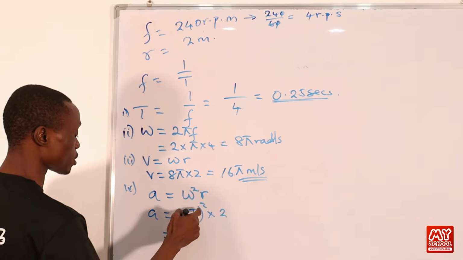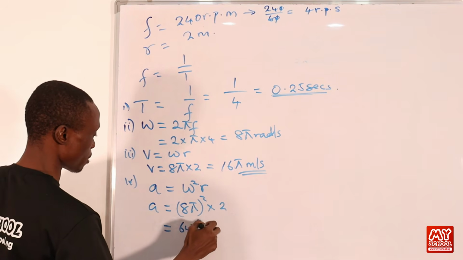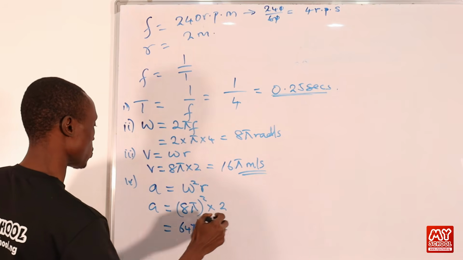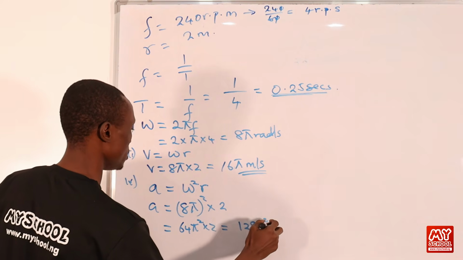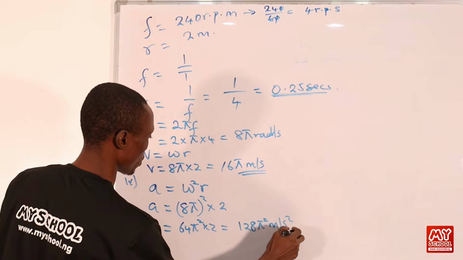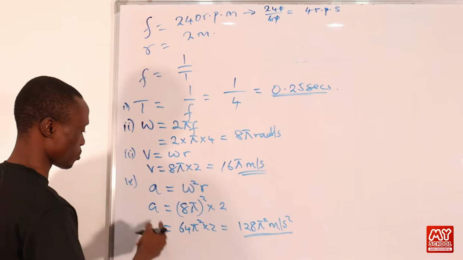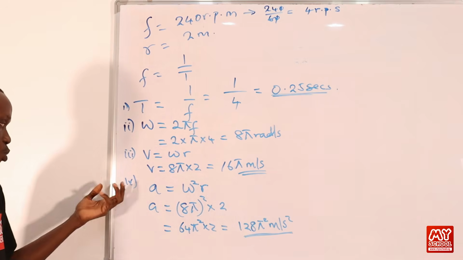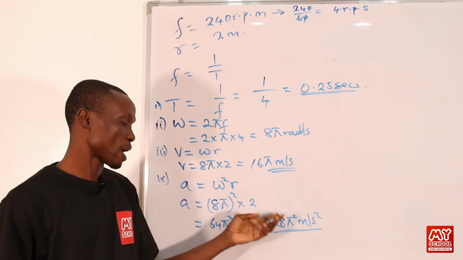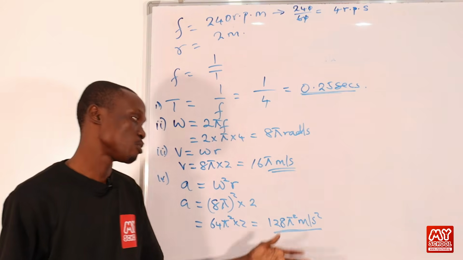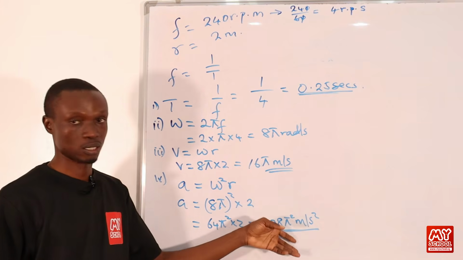If we take the square of 8, that will give us 64 pi square, then times 2. If we multiply this together, this will give us 128 pi square, and this is meter per second square, since we are dealing with linear acceleration, not angular acceleration. So the answer to the last question, which is its acceleration, is equal to 128 pi square meter per second square, because we actually calculated linear acceleration and not angular acceleration.